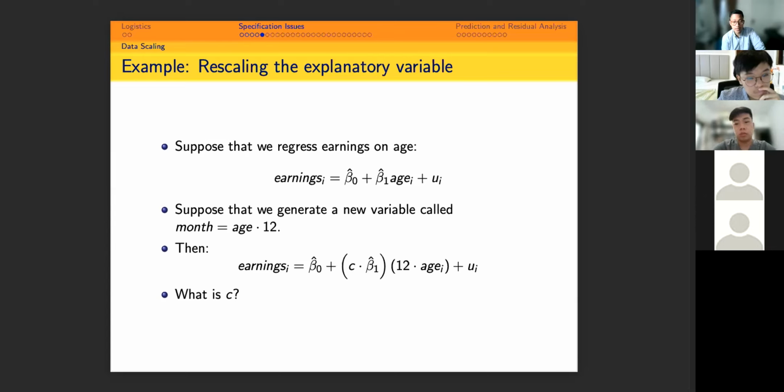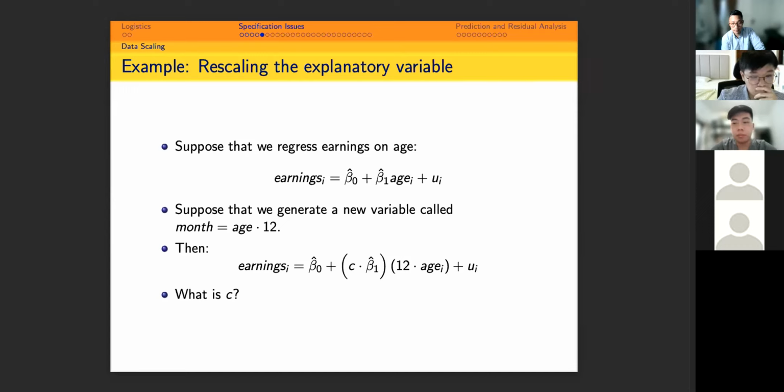So in this particular case, instead of regressing in terms of years, so age in terms of years, I'm going to regress age in terms of months. Okay, so recall that months is going to be the age reported by the individual multiplied by 12. And so if we write the equation, we have earnings and then beta 0 hat and then beta 1 hat, and then we multiply age by 12.